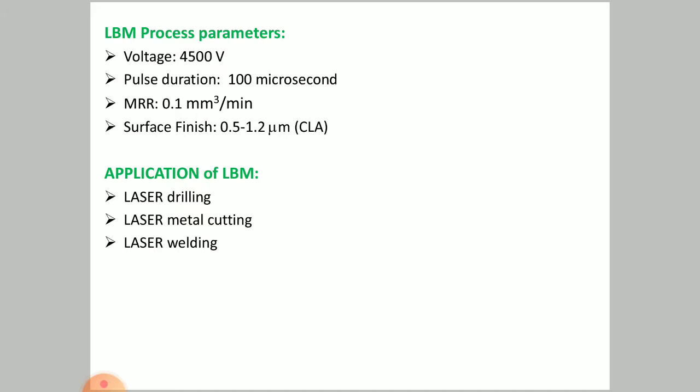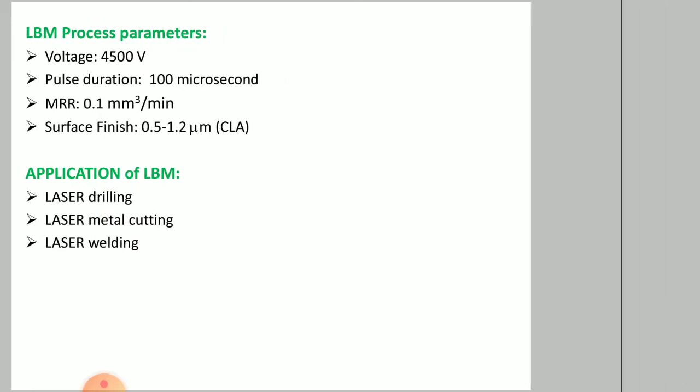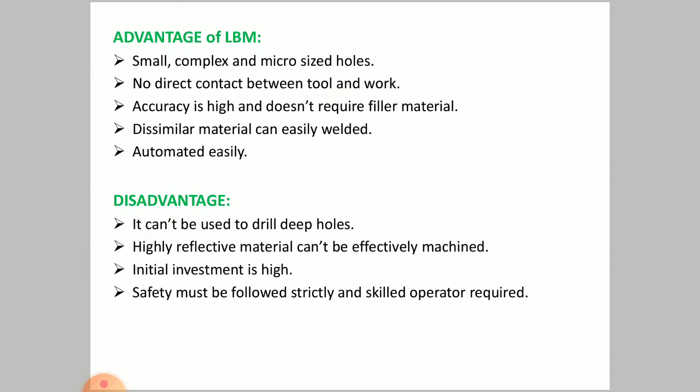The applications of laser beam machining: we can perform drilling, metal cutting, and even welding. In the next video we will look into the laser beam welding process also, and along with this we have another similar kind of process, the electron beam machining process. It is a most advantageous process.